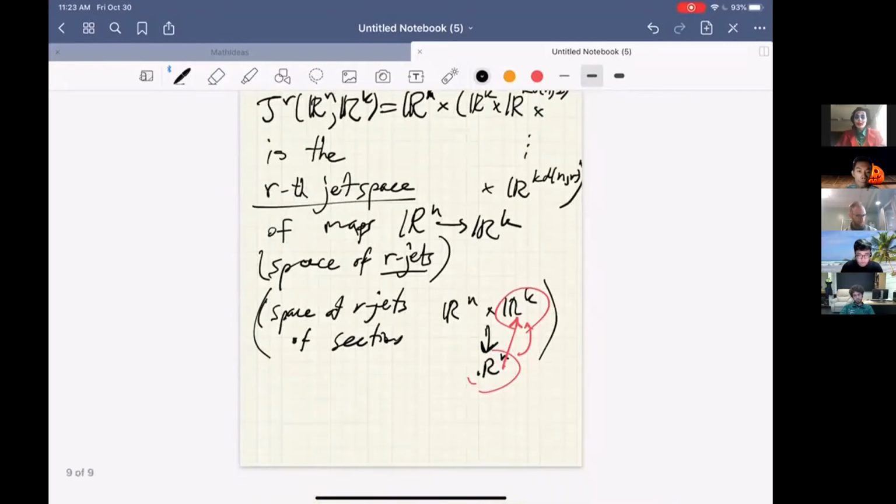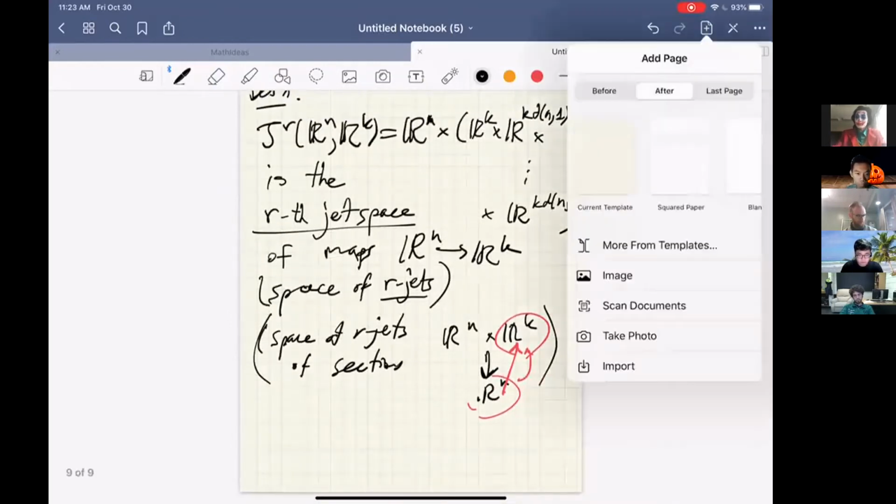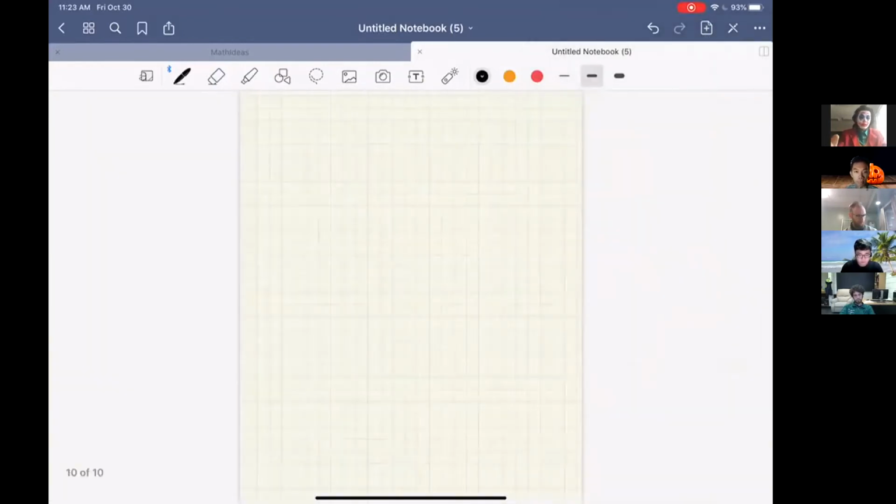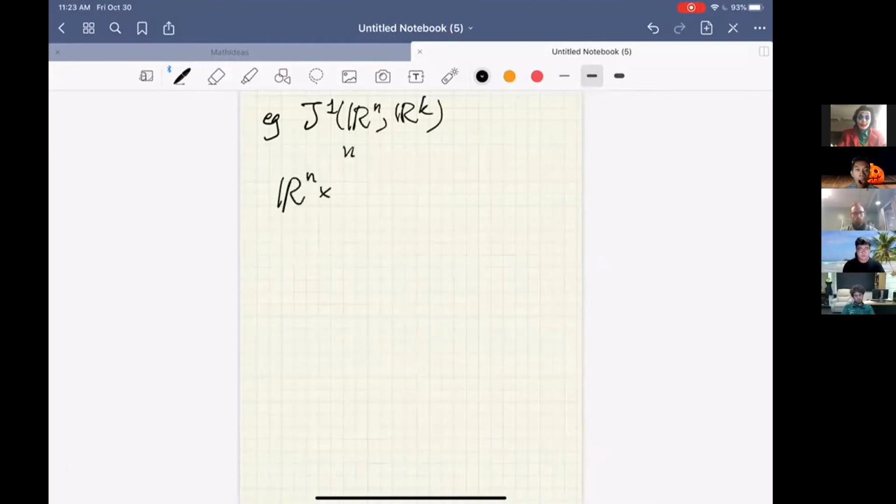So, for example, let's look at J^1(R^n cross R^k). This is going to be R^n cross R^k, and then all first derivatives. So we sort of know what that is, right? If you have a multivariable function, its derivative is a linear map.